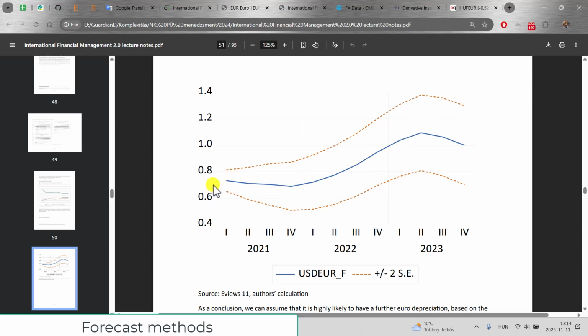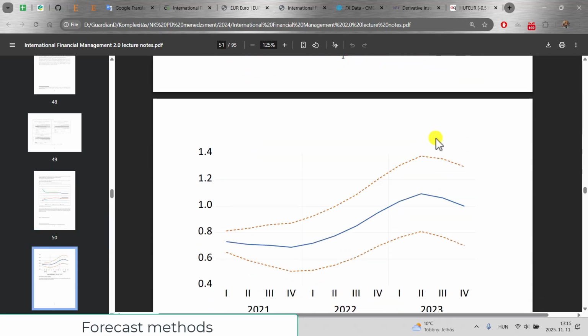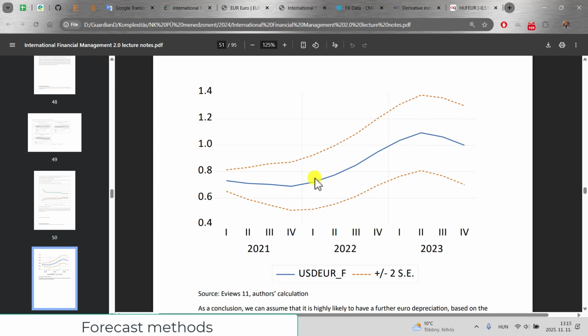And this is significant because this is not crossing zero, so all the confidence interval lines, so this one is the upper confidence interval, this is the lower confidence interval line, this is the median, so this is supposed to be the exchange rate trajectory for the euro-US dollar rate, and we can see that this is showing some kind of an appreciation. I don't know which one is the US dollar euro, so okay, one should be appreciated and the other is not. So in this case the euro is weakening against the US dollar.